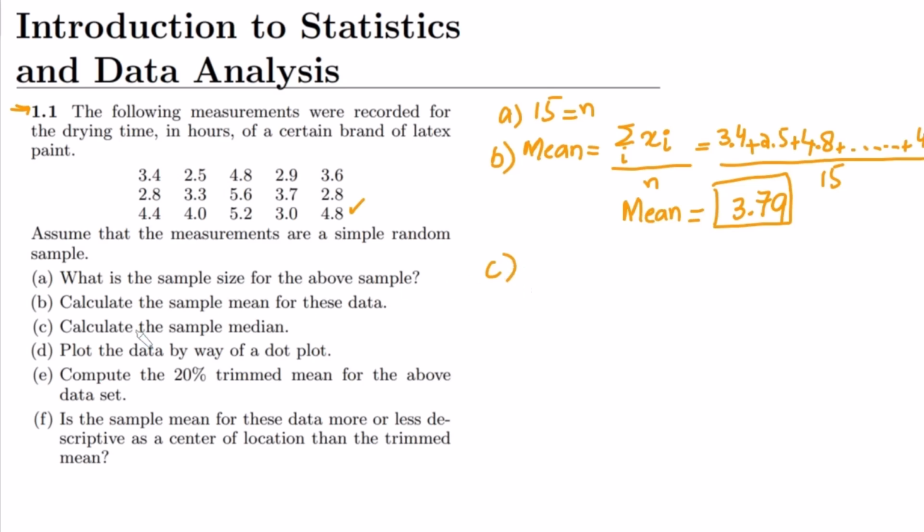For part C, we have to calculate the sample median. What is the difference between mean and median? The mean is the average of the data, while the median is the midpoint of the sample. To find the median of our data, we follow some steps.